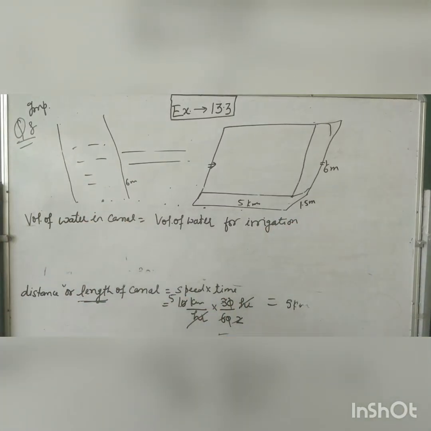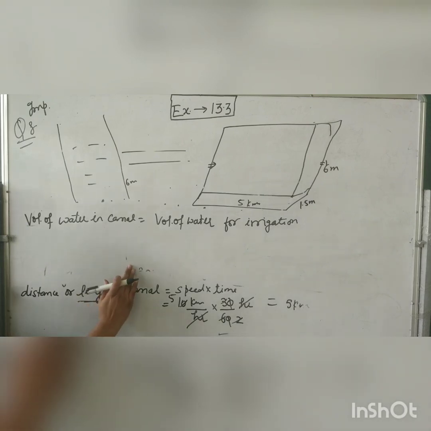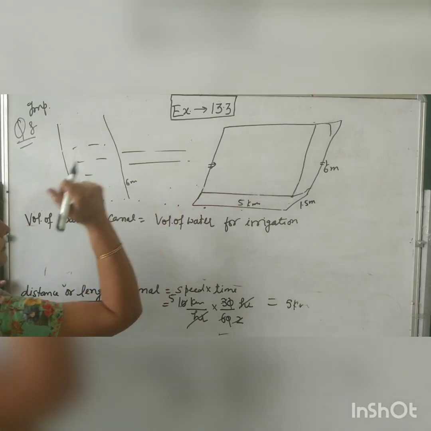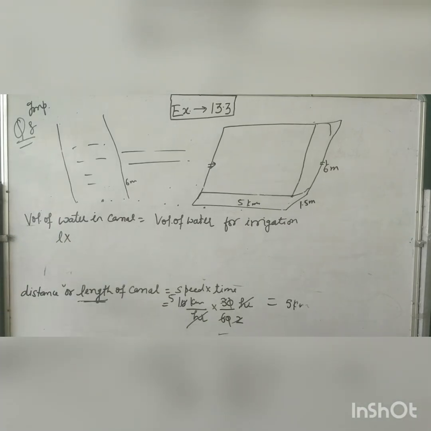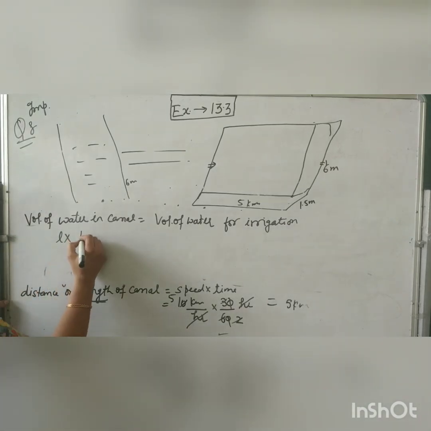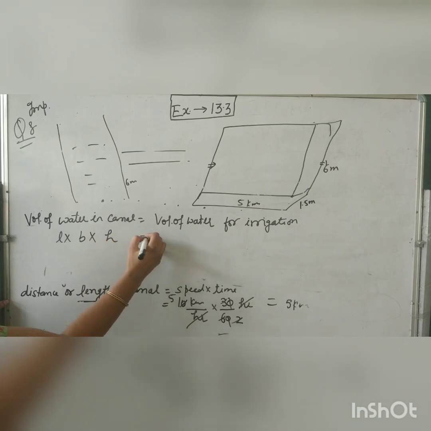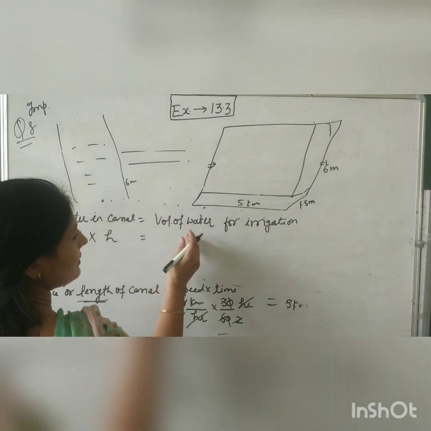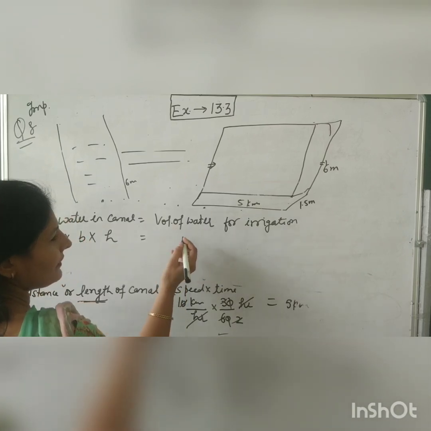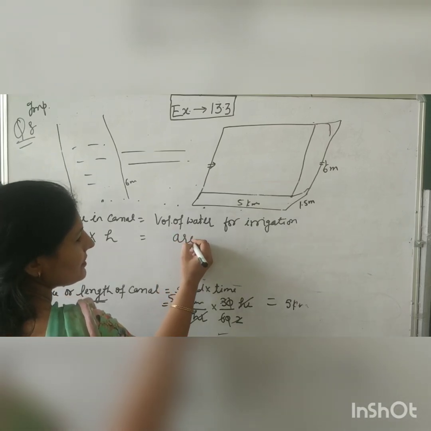Okay. Now, the volume of the canal is this cuboid. The volume of this is length into breadth into height. And for irrigation, can we write volume like this? Area into height.